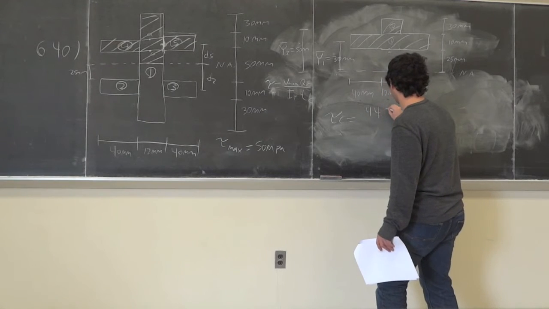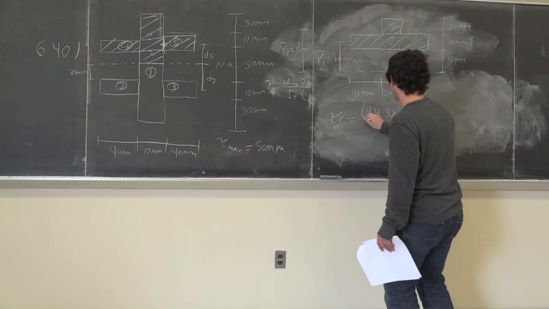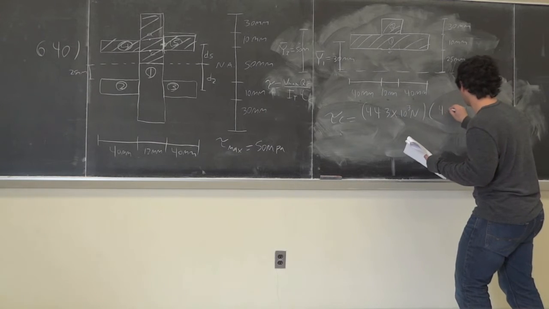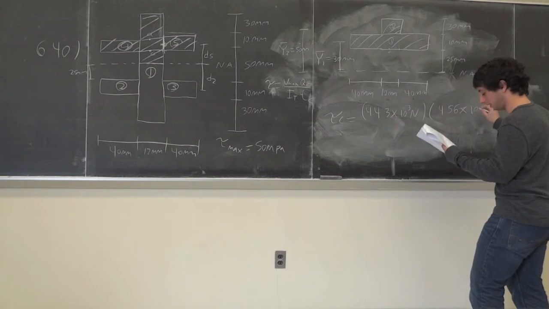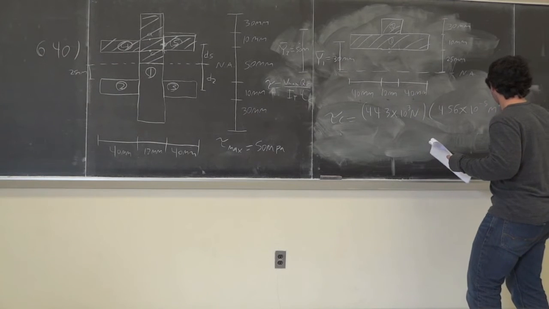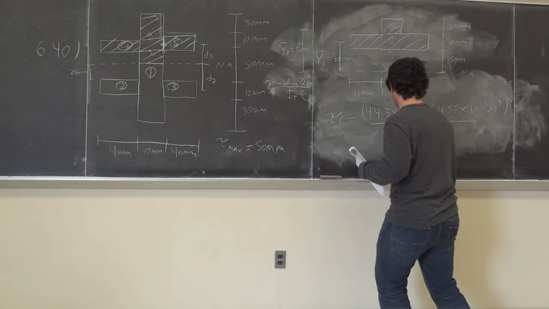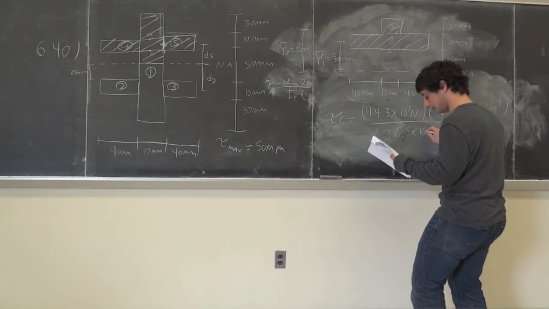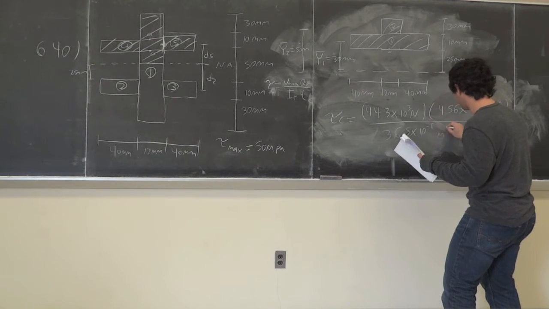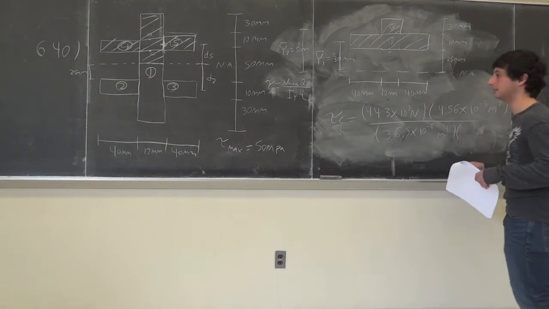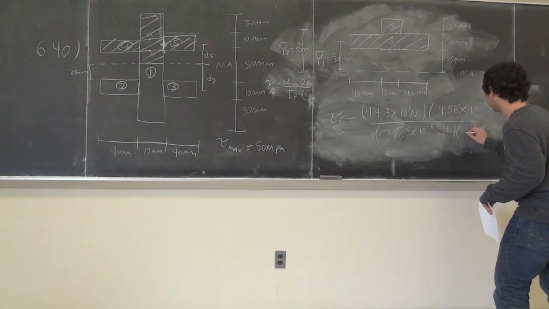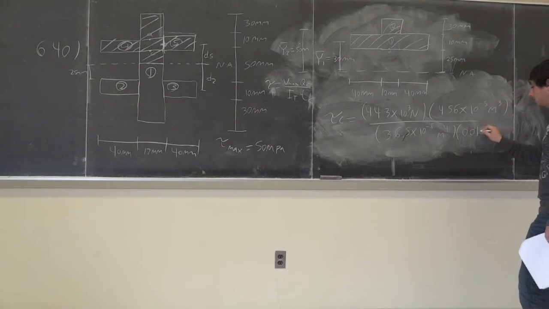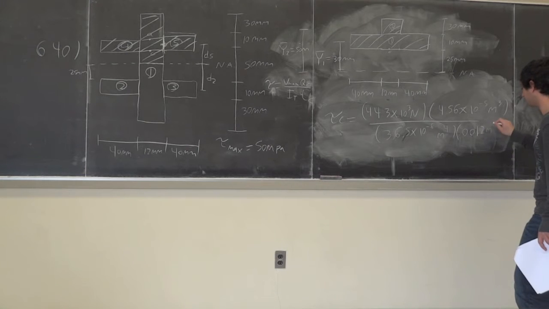It's 44.3 times 10 to the third newtons multiplied by QC, which we just found to be 4.56 times 10 to the negative 5th meters cubed, all over the total moment of inertia, which is 3.65 times 10 to the negative 6 meters to the fourth, multiplied by t, in this case 12, so 0.012 meters.